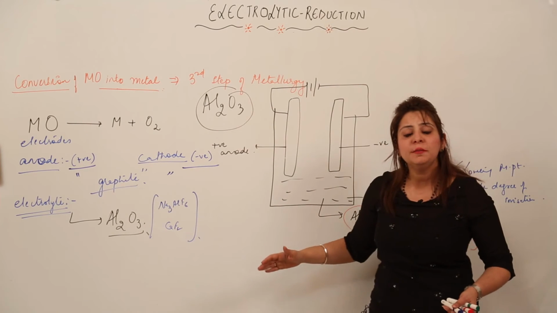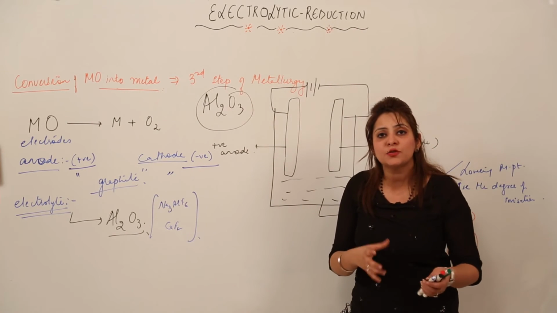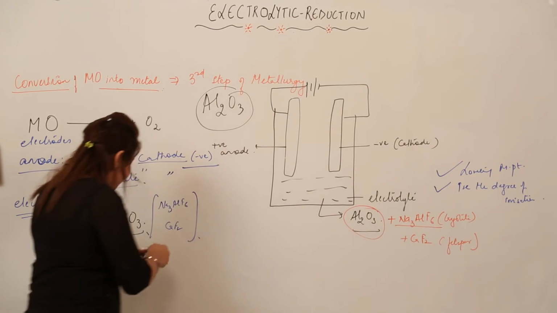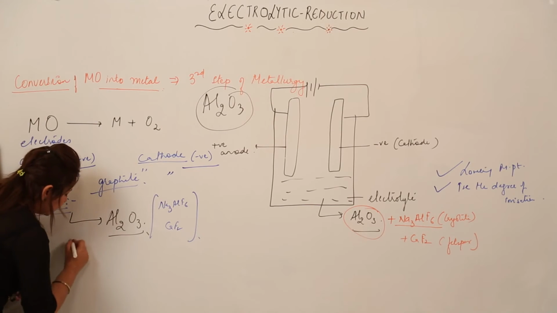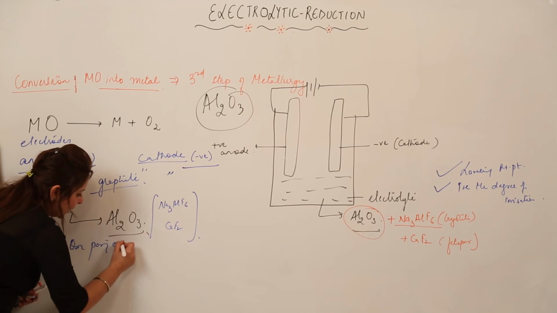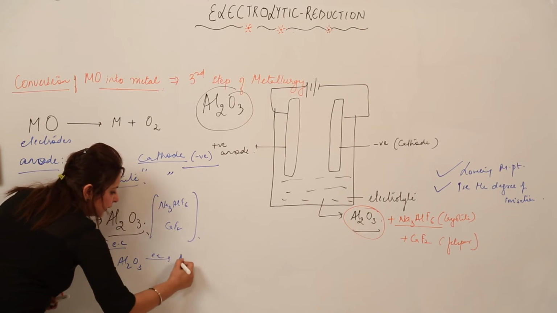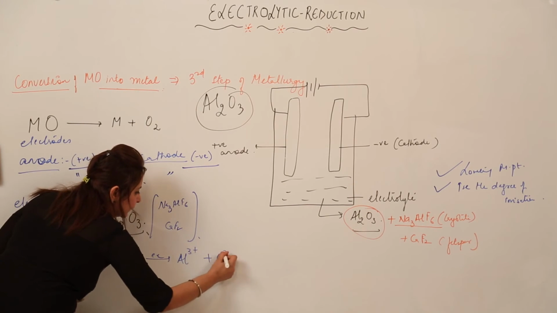Now we will look at the mechanism: what happens when we pass electric current, and how this Al2O3 gets reduced. On passing electric current, this Al2O3 will dissociate to form its respective ions.